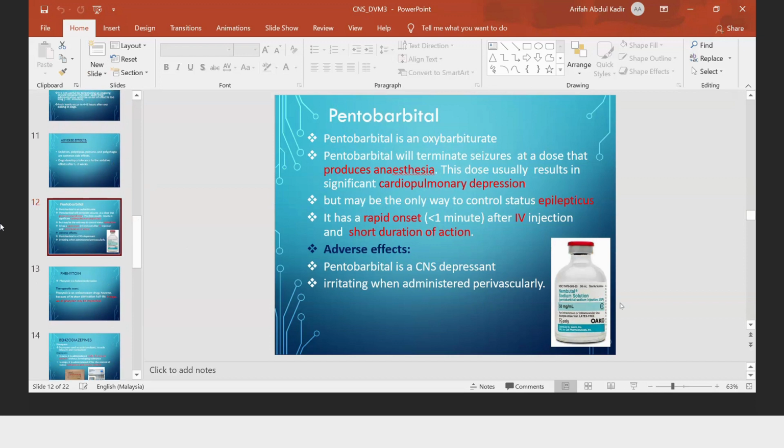So you need a high dose, high ml, like 4 times more, whereas Dolethal is 200 milligram per ml. You have to give like 4 times higher the dose in order to kill the animal.